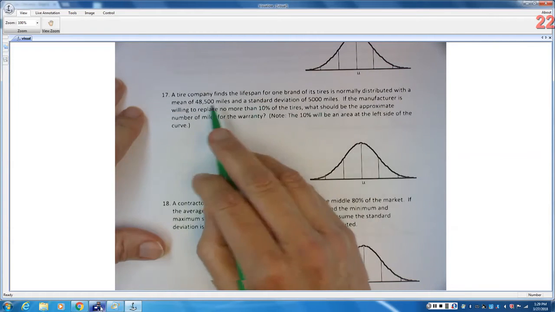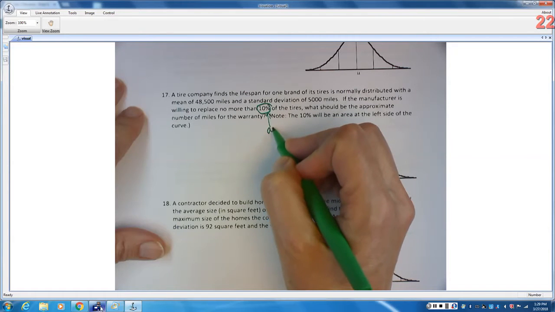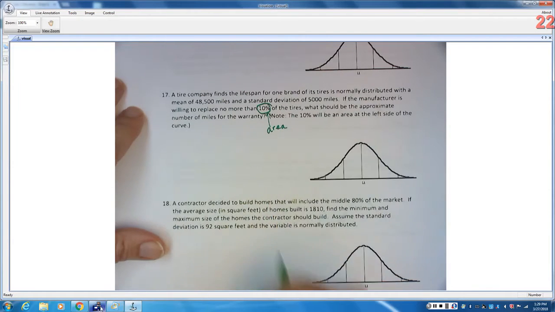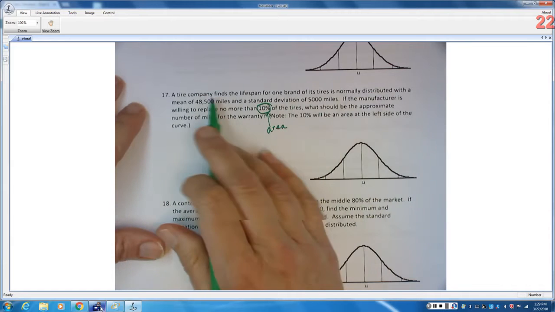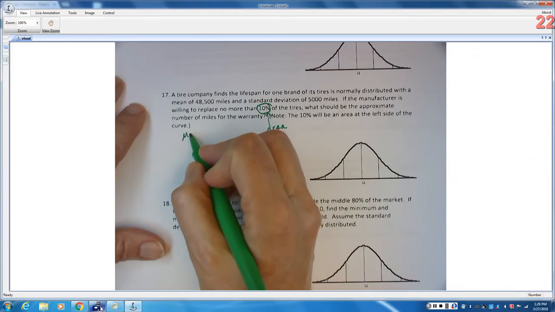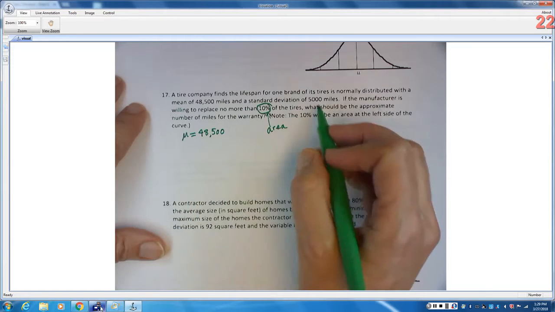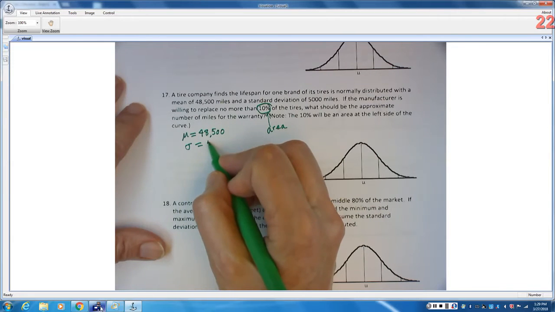Okay, this is giving you an area of 10%. A percentage is probably an area. The lifespan for a brand of tires is normally distributed with a mean of 48,500 miles and a standard deviation of 5,000.